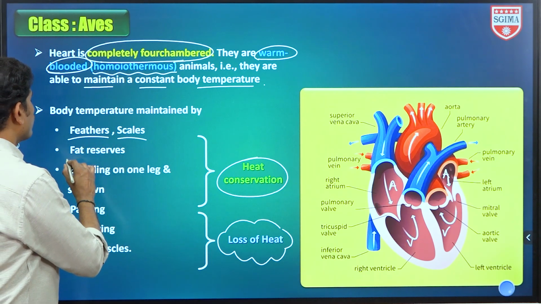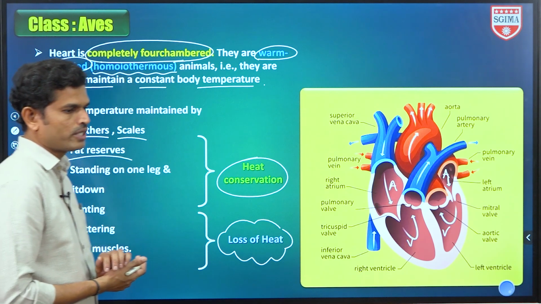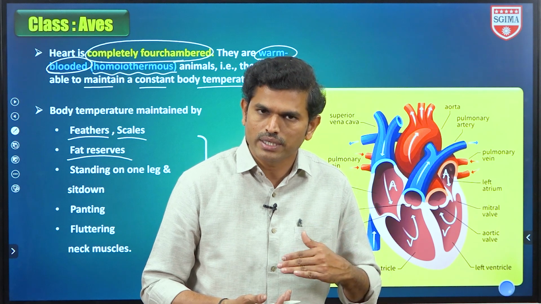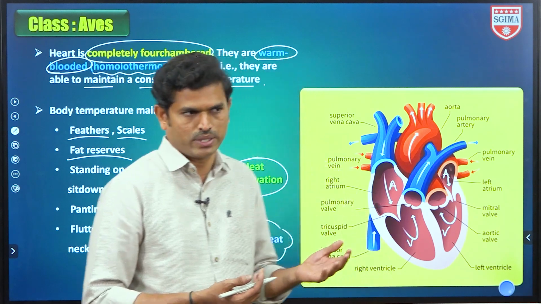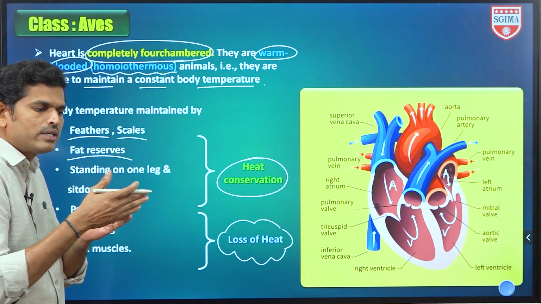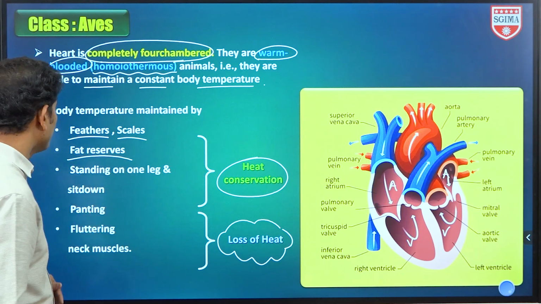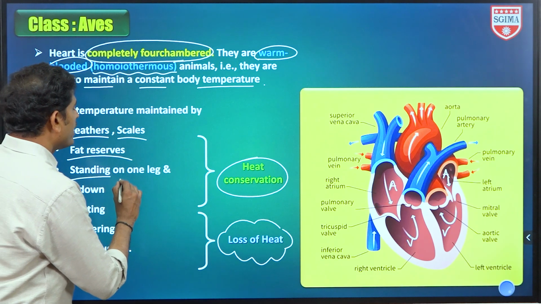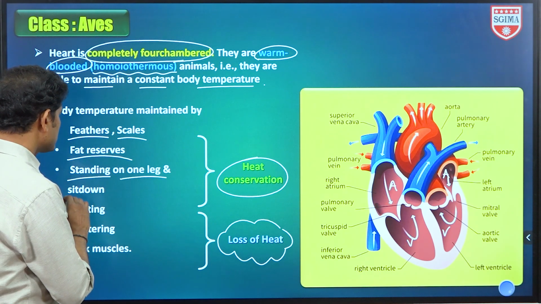And next one is fat reserves in body. As we know that fat is the best insulator, so it doesn't exchange the temperature, इसलिए polar organisms also contain a lot of fat just below the skin, that is called a blubber. So fat reserves also. And next one, standing on one leg and sitting down.